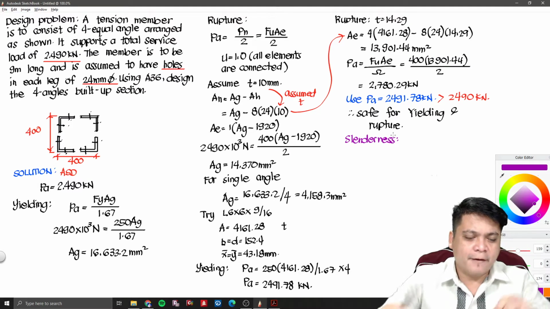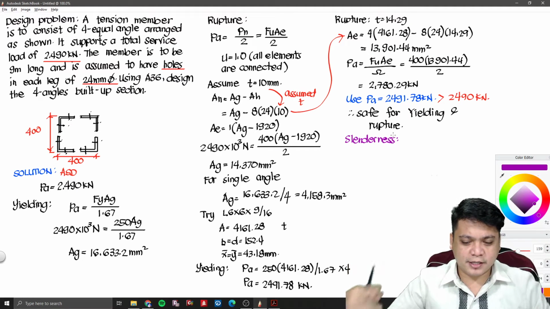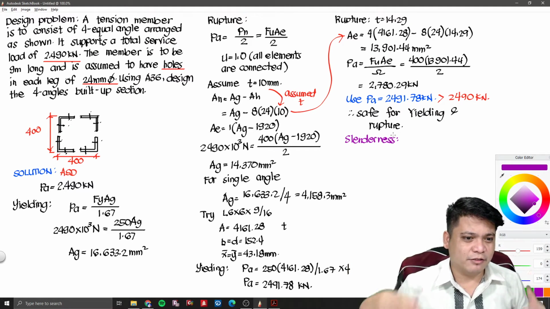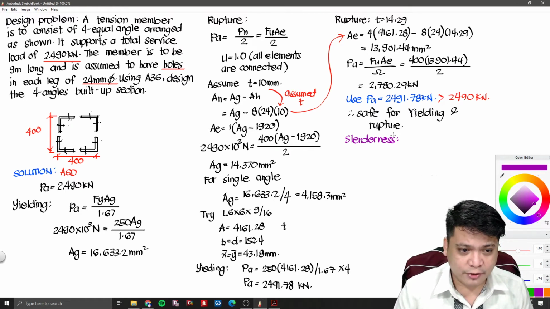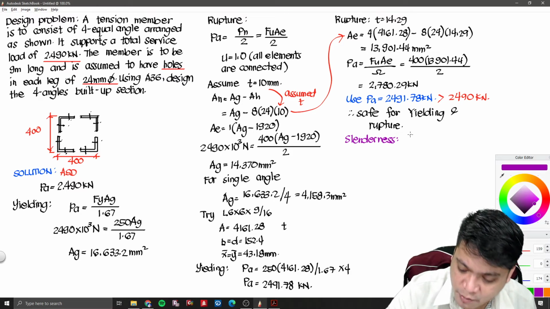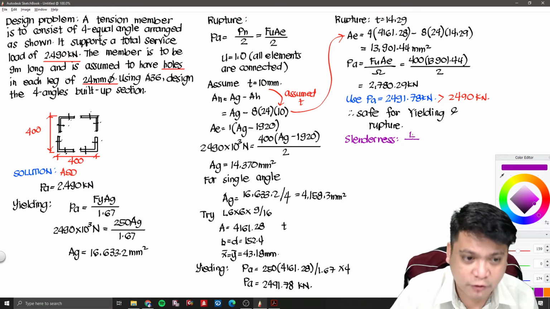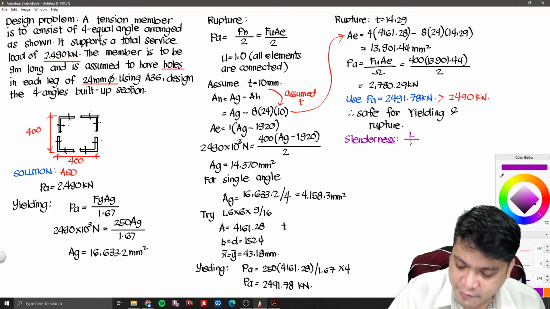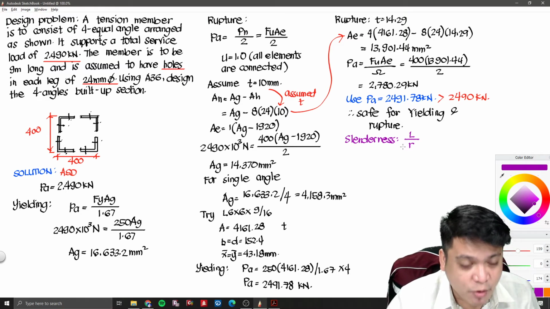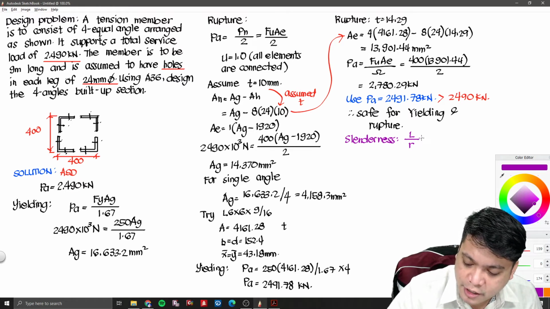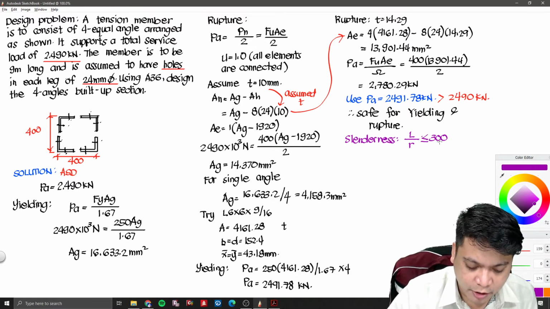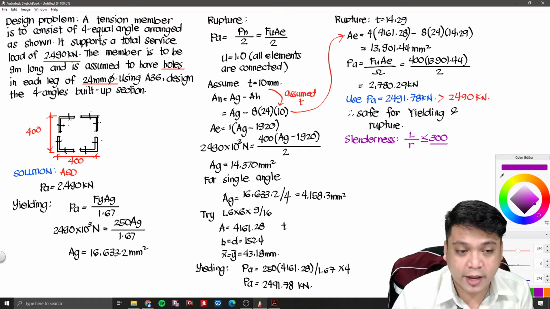Actually, the slenderness is the buckling of the member, to measure the buckling. The slenderness of a tension member is the ratio of the length of the member divided by its minimum radius of gyration in either of the axes, and it should be less than or equal to 300, a constant according to AISC.